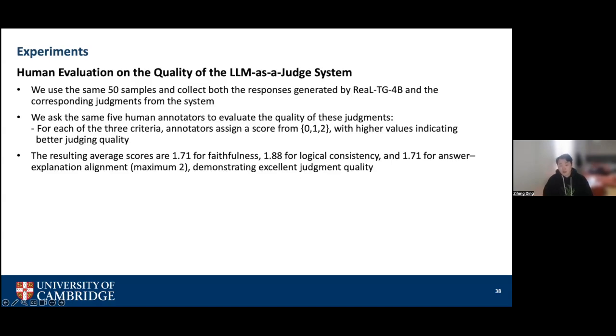For each of the three criteria, annotators assign a score of 0, 1, or 2, same as before, with higher values indicating better judging quality. The resulting average scores are 1.71 for faithfulness, which is also close to 2, and 1.88 and 1.71 for the other two criteria. We think that it already captures excellent judgment quality.